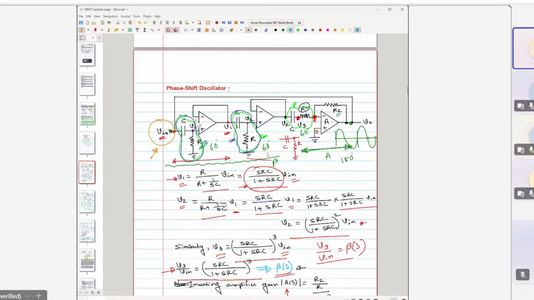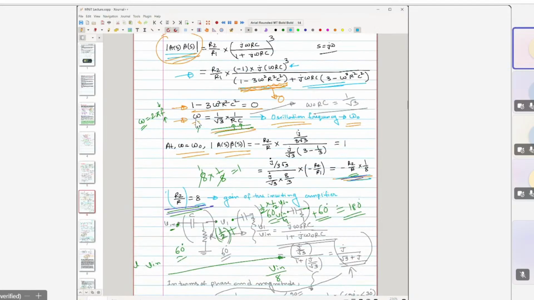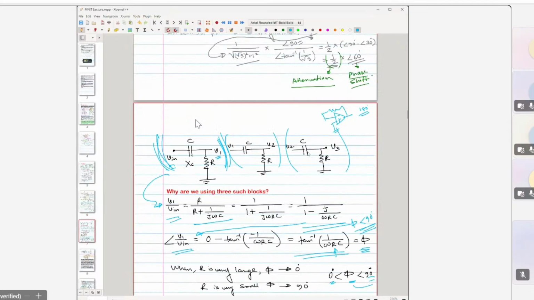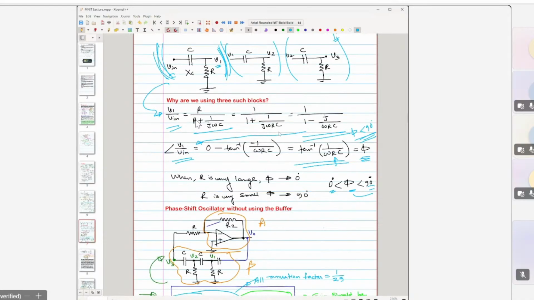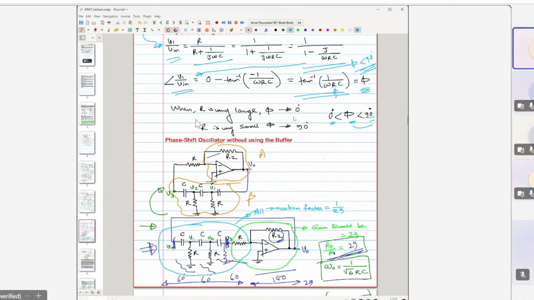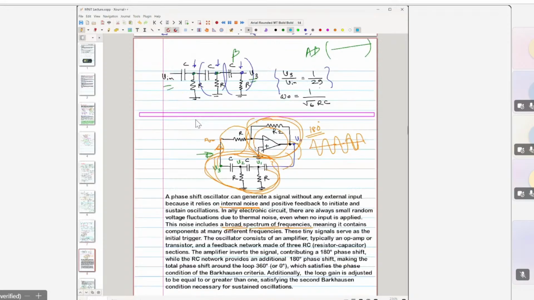Then we also discussed the phase shift oscillator, using buffers to remove the loading effect. We derived these expressions. We also saw what the minimum number of these RC stages is for the phase shift oscillator. Then we briefly discussed the phase shift oscillator after removing the buffer.